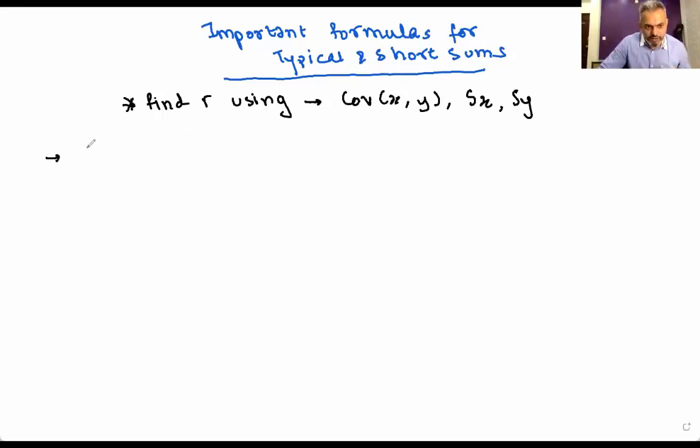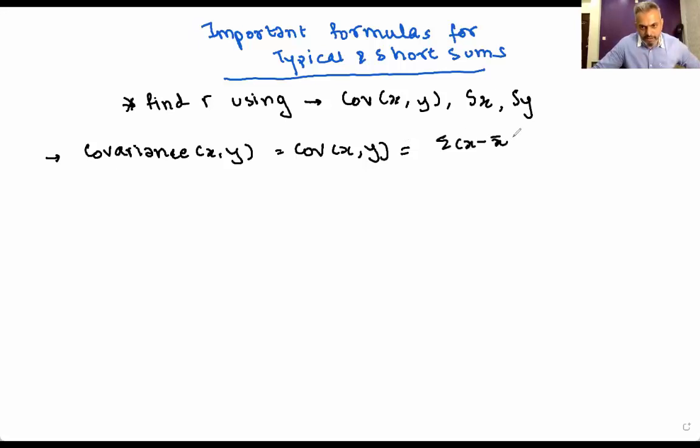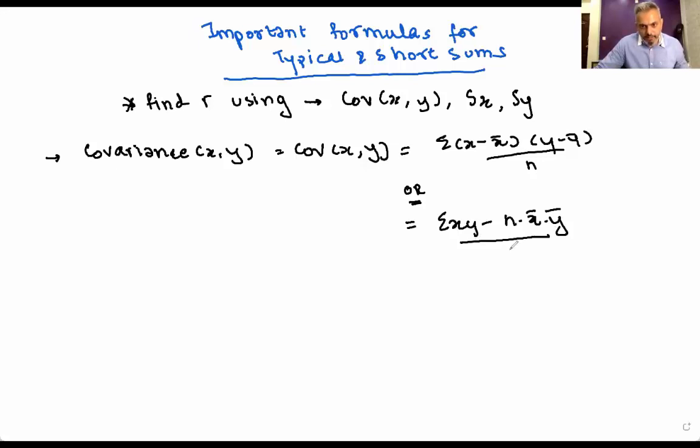So we write the formula. Covariance x comma y, which is COV x comma y, is equal to sigma x minus x bar, y minus y bar upon n, or which is equal to sigma xy minus n into x bar into y bar upon n.